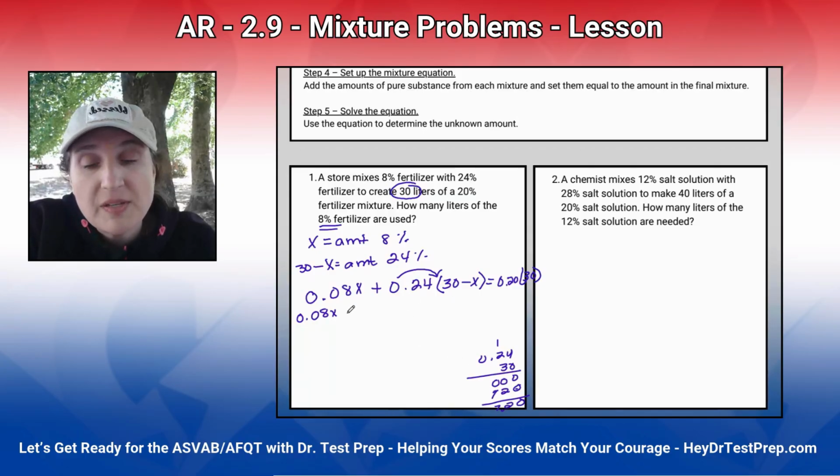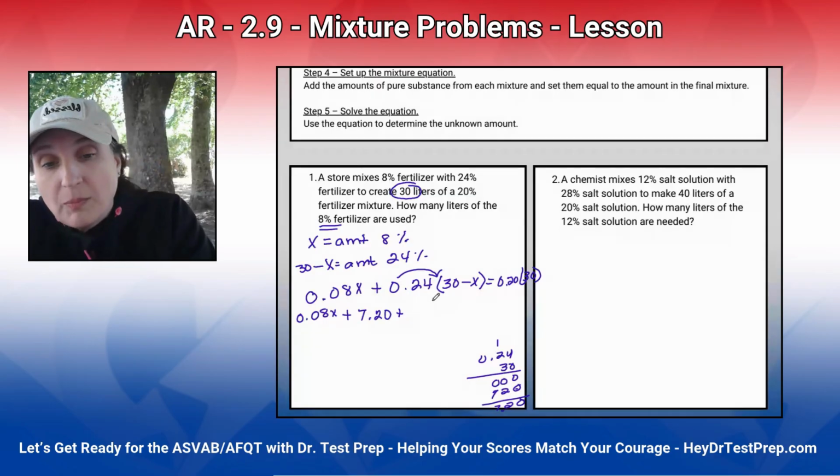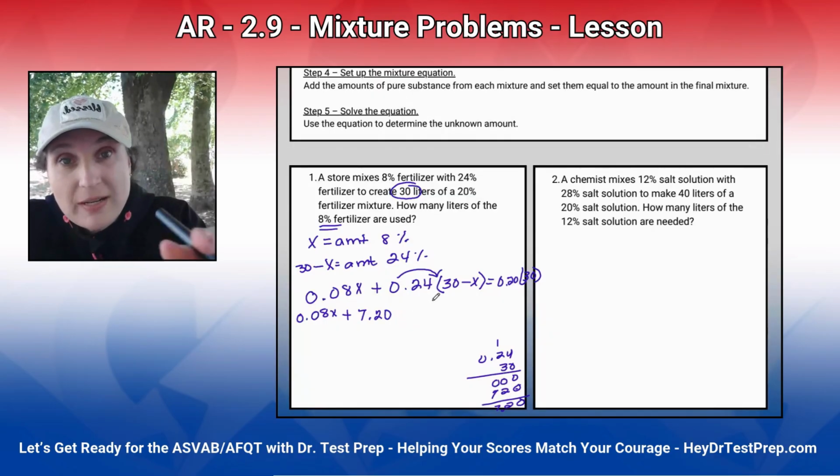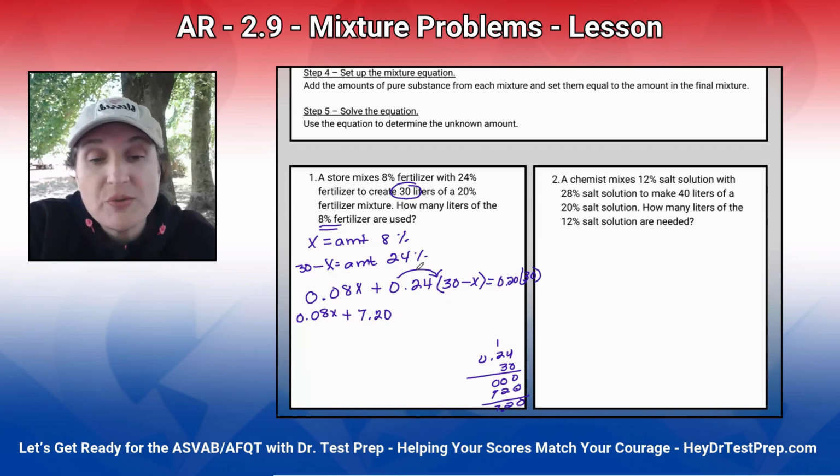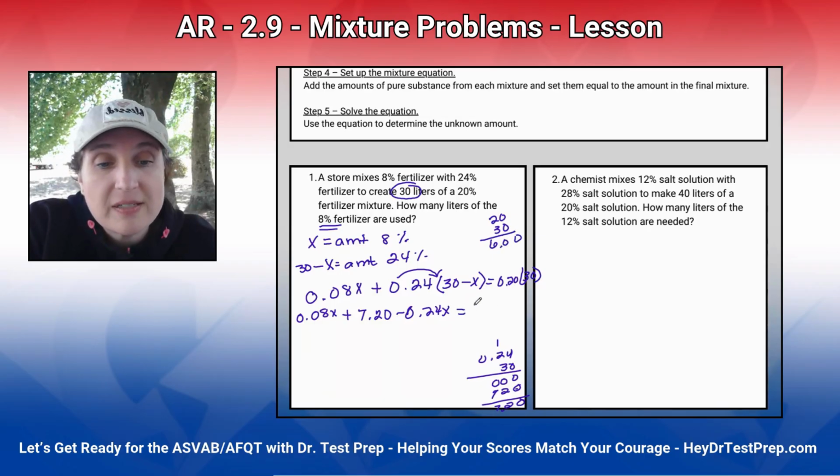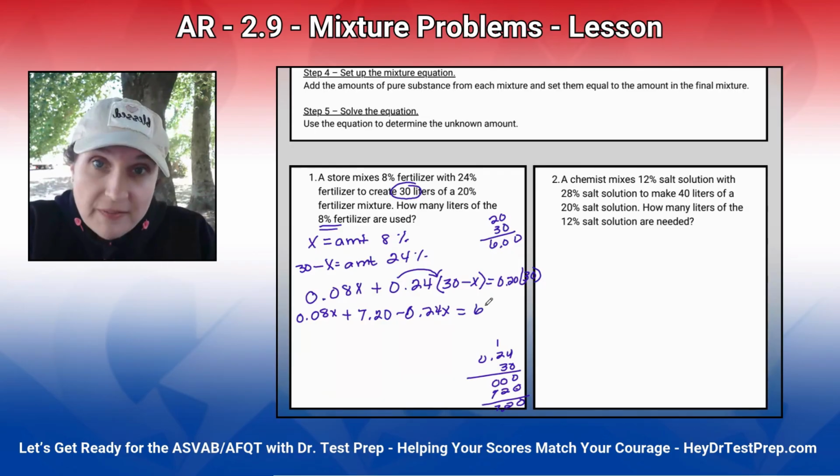So this becomes 7.20. 0.24 times 30 is 7.20. 0.24 times negative X is minus 0.24X. And then let's simplify this. I'm going to put 600, put that decimal here, and we get 6. Okay, so now we've simplified it like that.